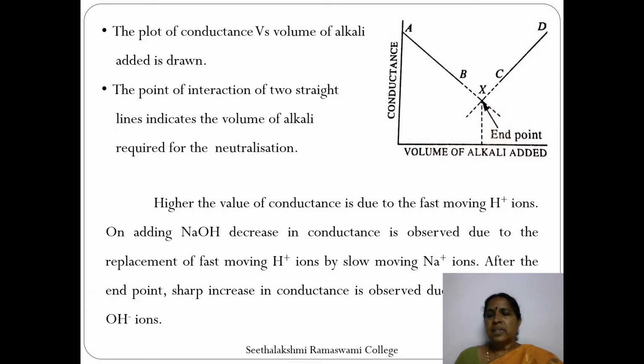This decrease in conductance on adding sodium hydroxide is due to the replacement of fast moving H plus ions by slow moving Na plus ions. After the endpoint, the increase in conductance is due to the presence of hydroxyl ions provided by the sodium hydroxide solution.